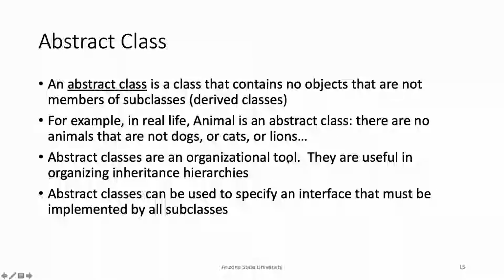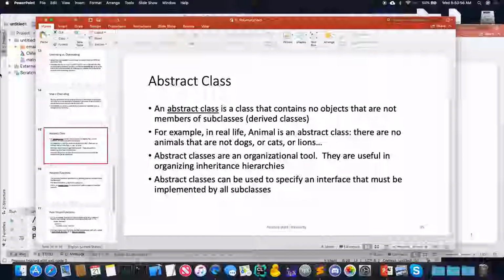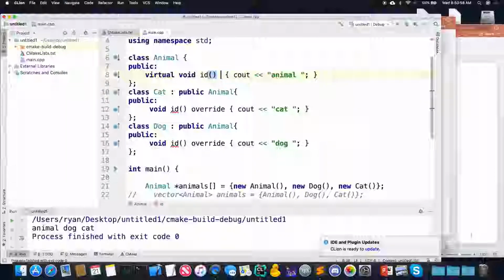Okay, well, for example, if you want to have a superclass where the implementation is not really supposed to be defined. If you look at the ID function up here, maybe we want to print the name. Maybe this function prints the ID or the name of the animal. But suppose an arbitrary animal that's not a cat or dog or whatever shouldn't have an ID.